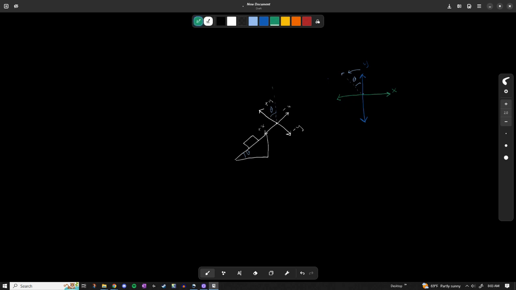Now, when it comes to the x direction, that means that the x direction has been rotated. But you'll notice that the x direction is negative of what it used to be. So here I'll have negative x, and here's positive x. But all I did was flip it around.